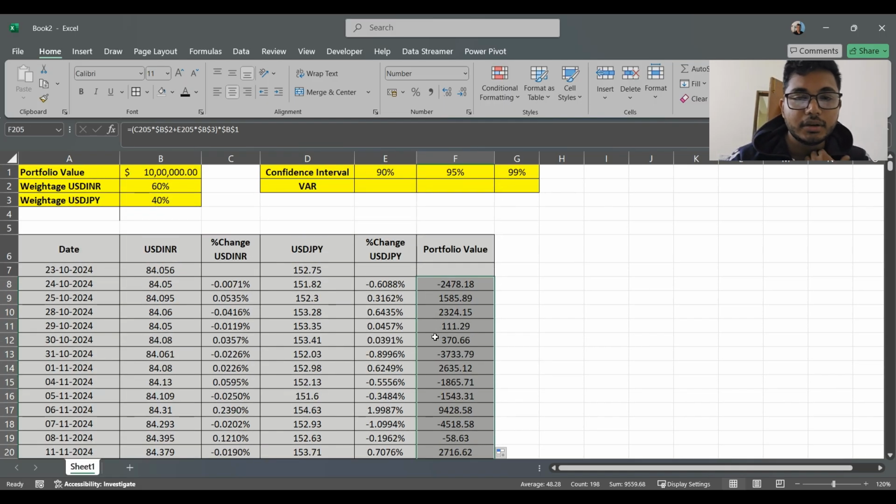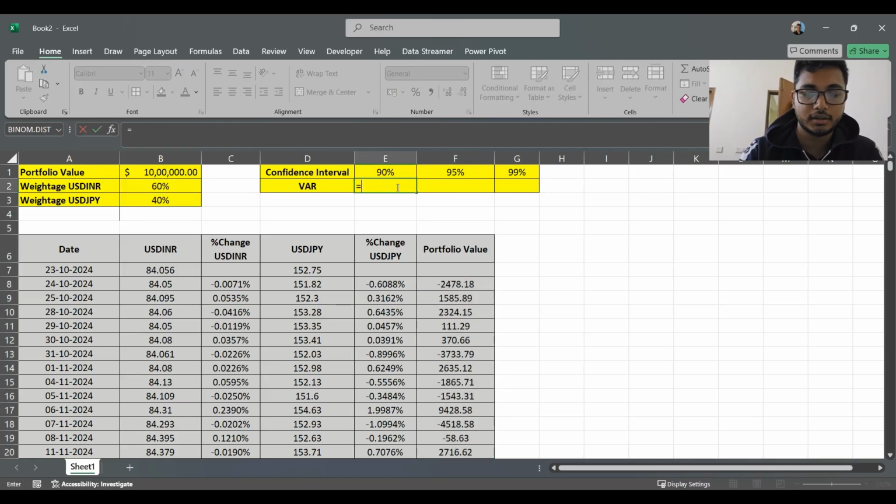Okay, so since we want to find out the 90% confidence interval in this array, we have two options: either sort it from lowest to highest and then calculate the 90th percentile in this range, or we can directly use the Excel formula PERCENTILE.INC.